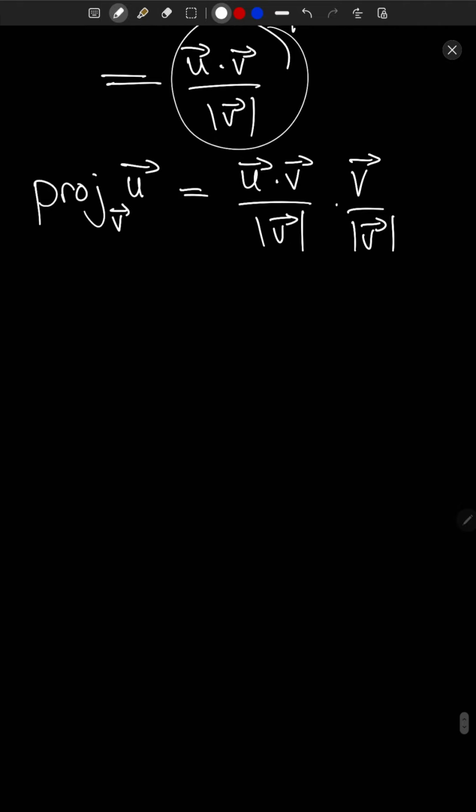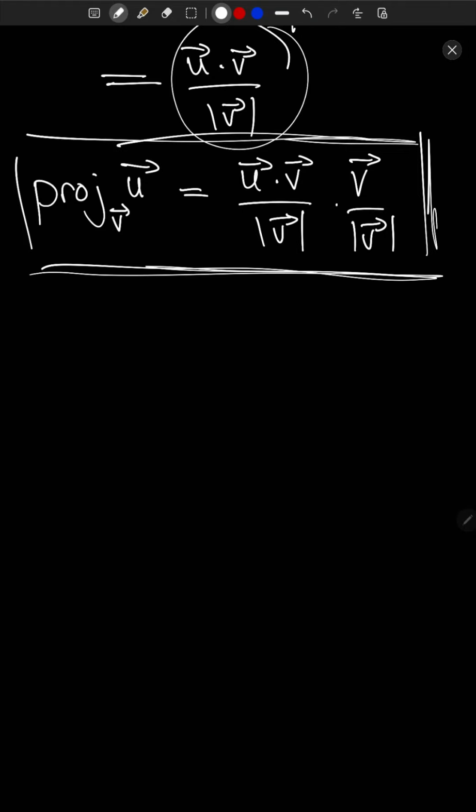That's our formula for the projection of u onto v. And it's nice and simple in that the dot product is easy to compute, and the length of a vector is easy to compute. So the right-hand side of this expression is easy to compute.